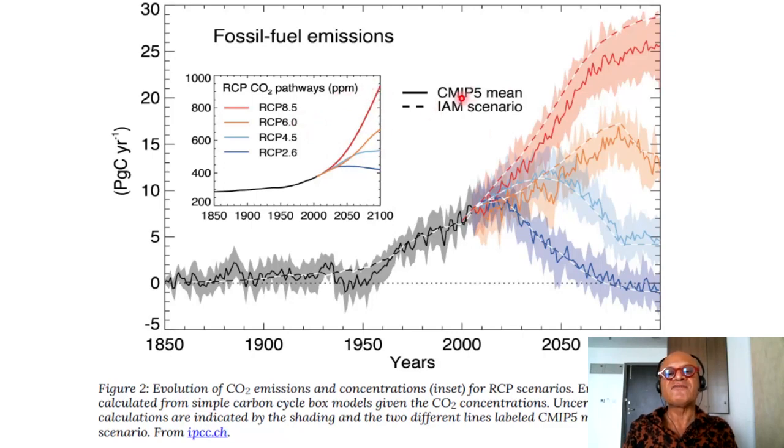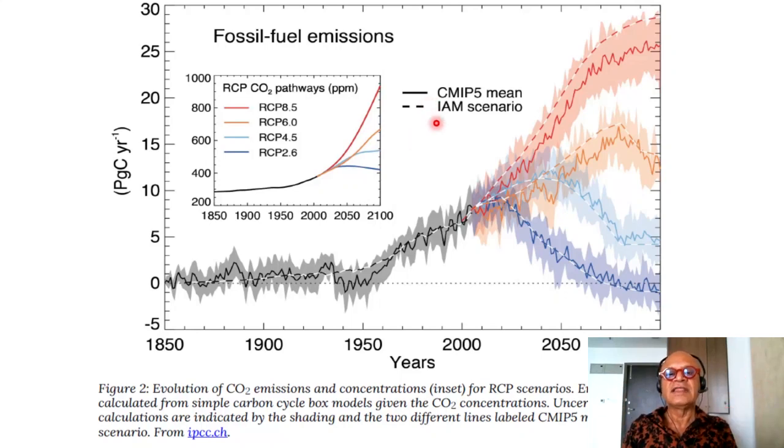So here CMIP5 of course is the Coupled Model Intercomparison Project, where you're using either an Earth system model or a physical climate model or a climate model with some chemistry but not necessarily fully dynamic vegetation and so on.